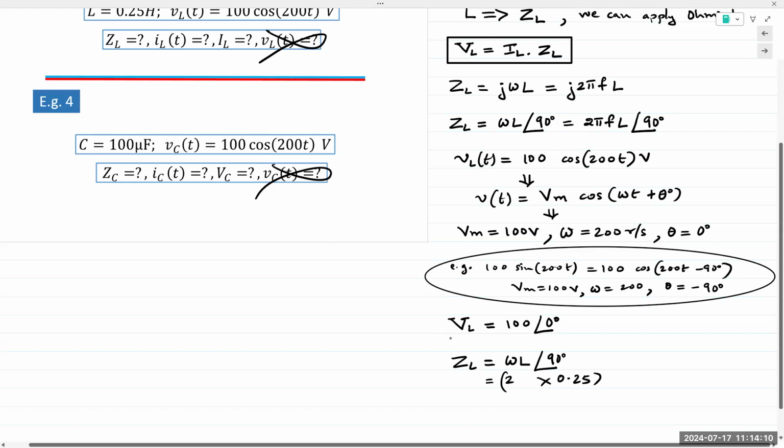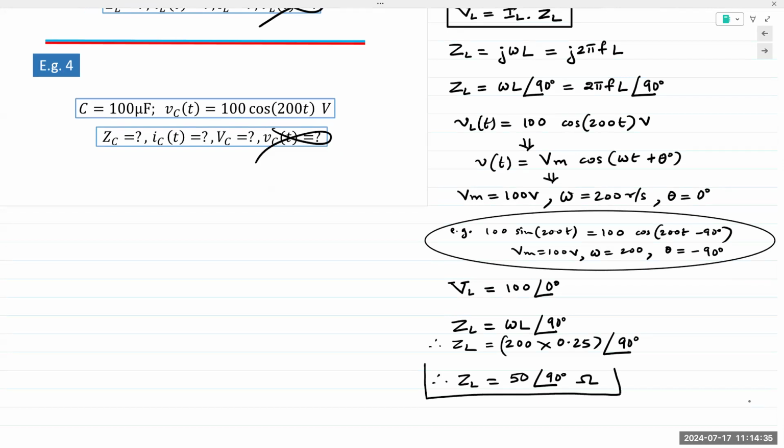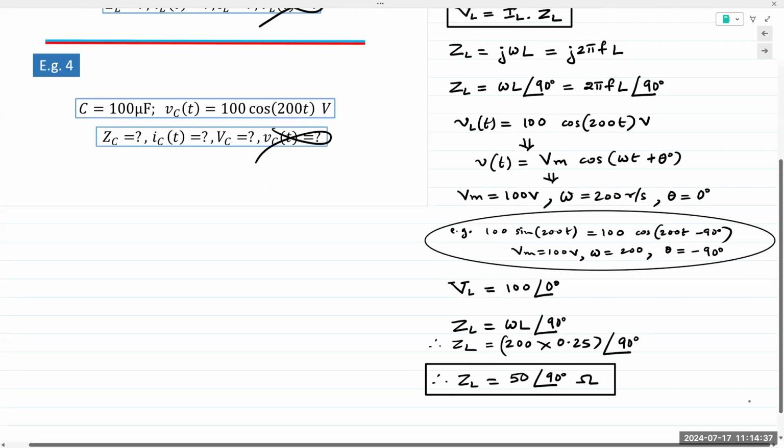It's 200 times 0.25 with the angle of 90, which gives me an impedance of 50 with an angle of 90 ohms. The units do not change. 50 with an angle of 90 degrees.